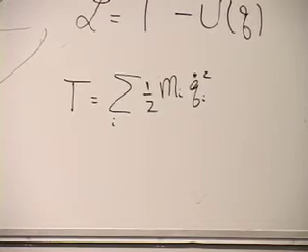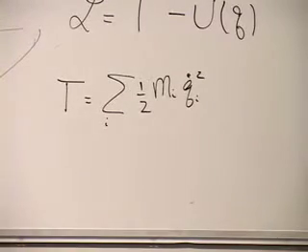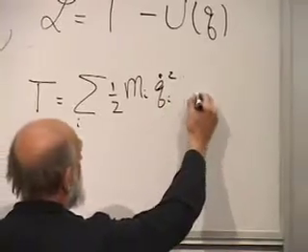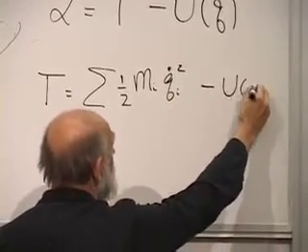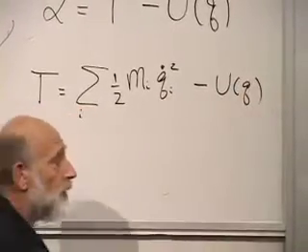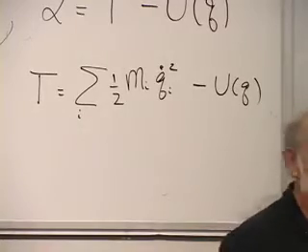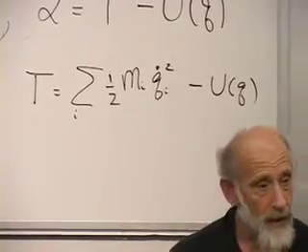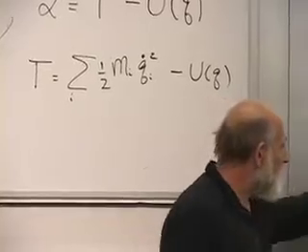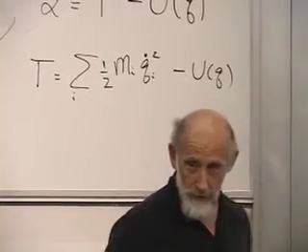And then we would have minus the potential energy, minus U of Q. And this U of Q would in general depend on all of the positions of the particles.